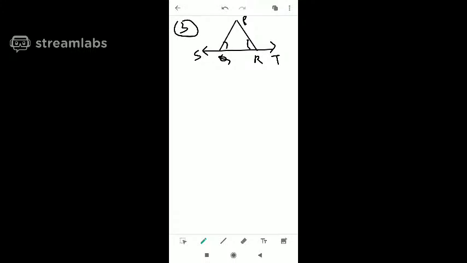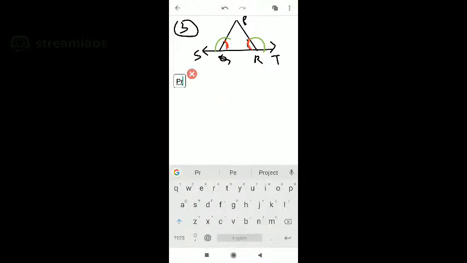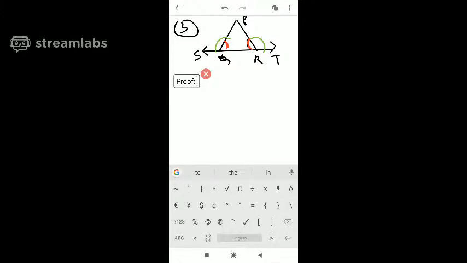So question number 3 is given that PQR, so proof going to do. In the proof, what we will do, what is given we will write like that. PQR and PRQ equal is given, but we can see PQR and PQS are linear pair. So first we will write that one.